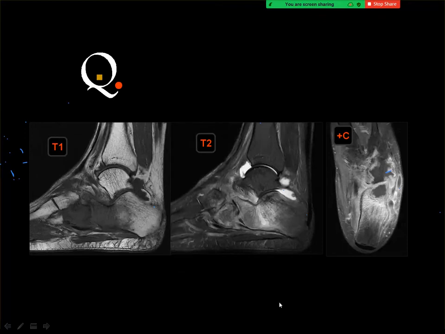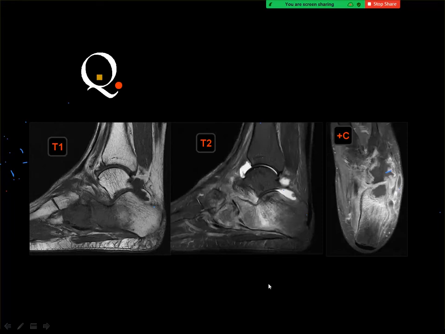All right. Then what you see here is bone marrow edema of the calcaneus and the cuboid bone. And also you can see haziness of the cortical margins corresponding to the erosion seen in the plain film. And also you get some synovial fluid with synovial thickening as well as marginal enhancement of the soft tissues and also inside the bone.